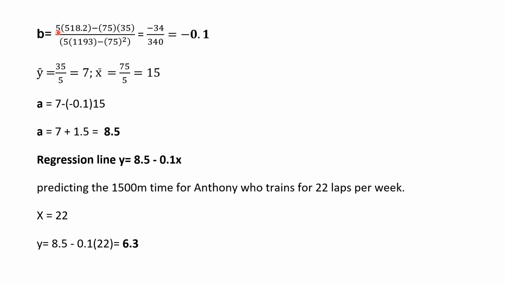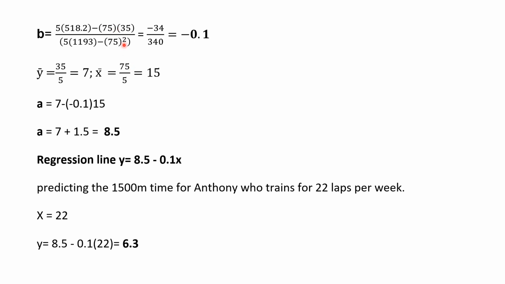Now, to calculate B, our n is 5 because the total number of values we have for each x and y is 5, multiplied by summation xy, which is 518.2, minus summation x, the addition of all the x values, which is 75, times the addition of all the y values, which is 35, summation y, divided by n, summation x squared, which is 1,193, is different from this, minus 75.